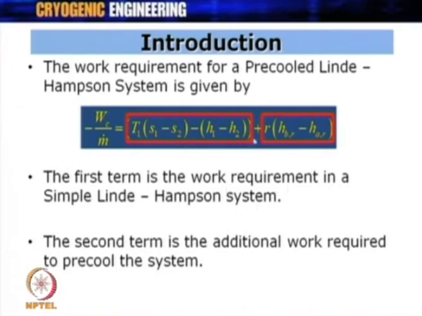We have seen the derivation of this formula also, and to this first term what you add is the second term when we go from a simple Linde-Hampson system to a pre-cooled Linde-Hampson system. This is the additional work that the compressor has to do, and this is the work done by the refrigeration system or the pre-cooling circuit compressor. The second term is the additional work required to pre-cool the system.